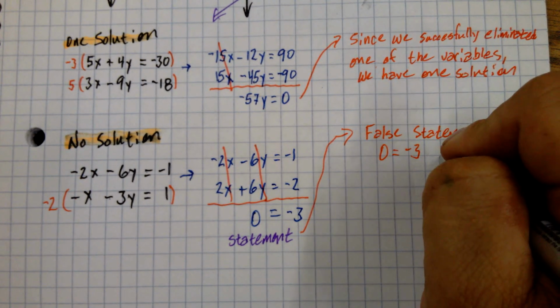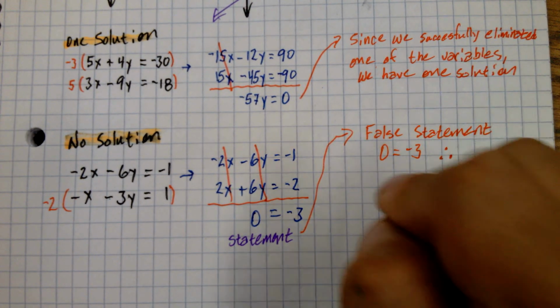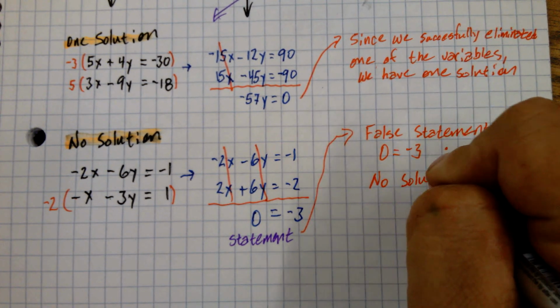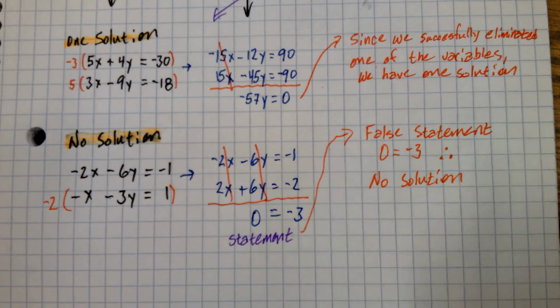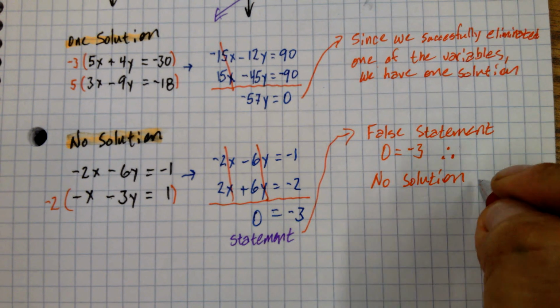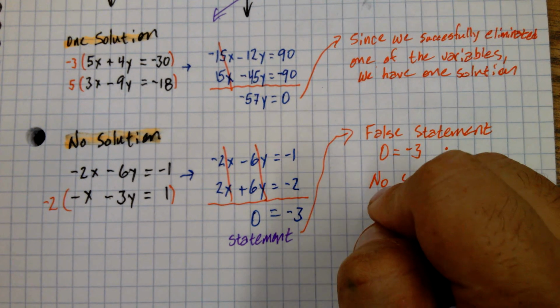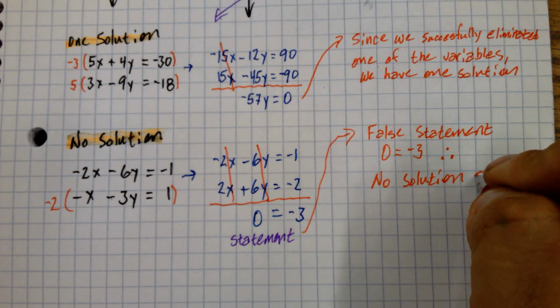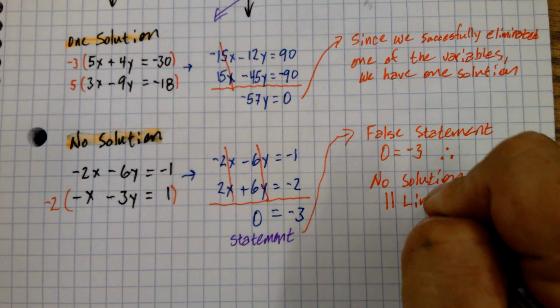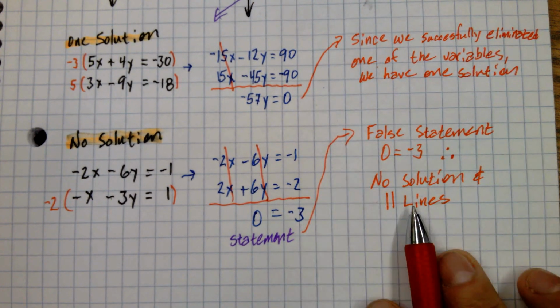Therefore, no solution. And what kind of lines would that be? Remember that symbol for parallel?